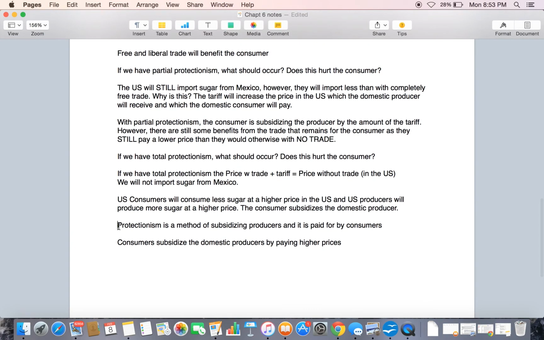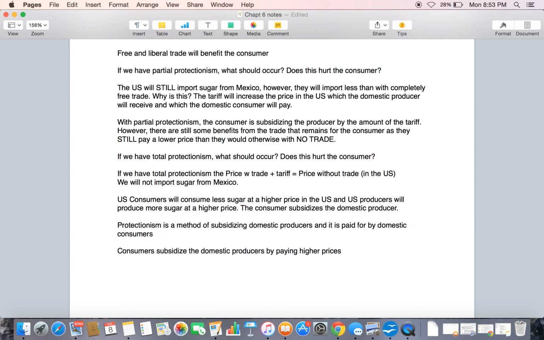So therefore, we have found that protectionism is a method of subsidizing domestic production and is paid for by domestic consumers. Consumers subsidize the domestic producers by paying higher prices.